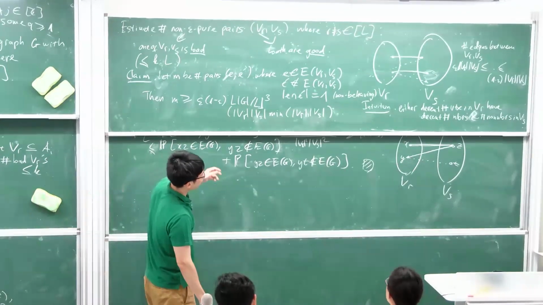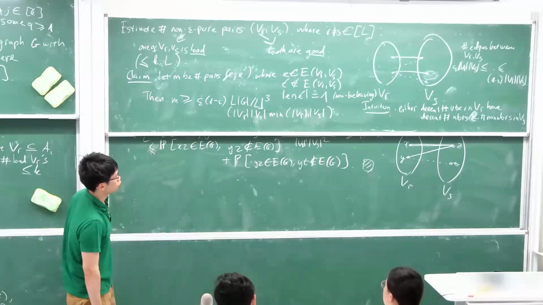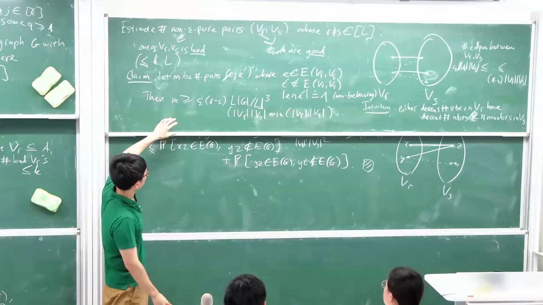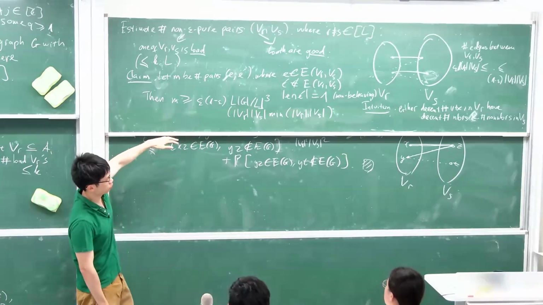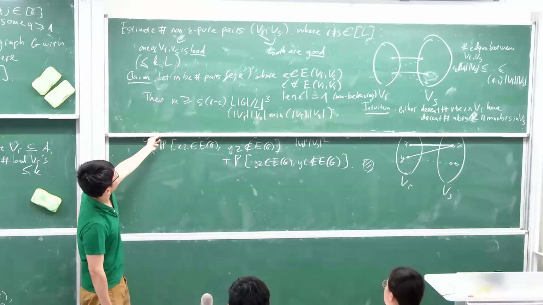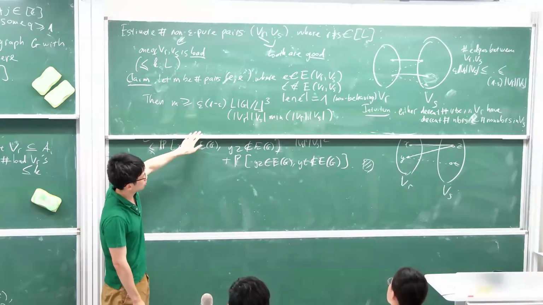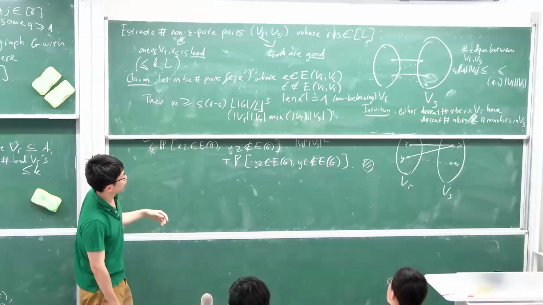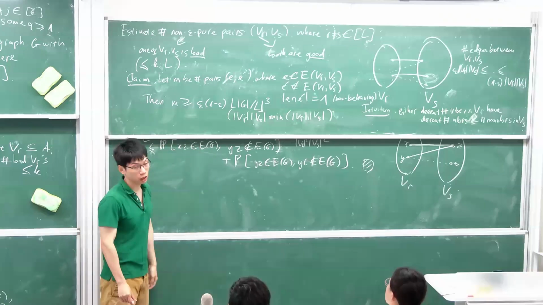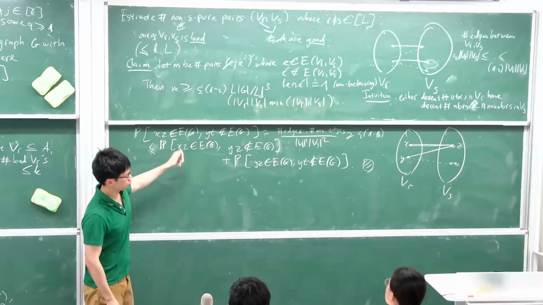Yeah. So we know this, and now we try to apply this claim for all of the non-epsilon-pure pairs VR, VS with the property that VR, VS are good.